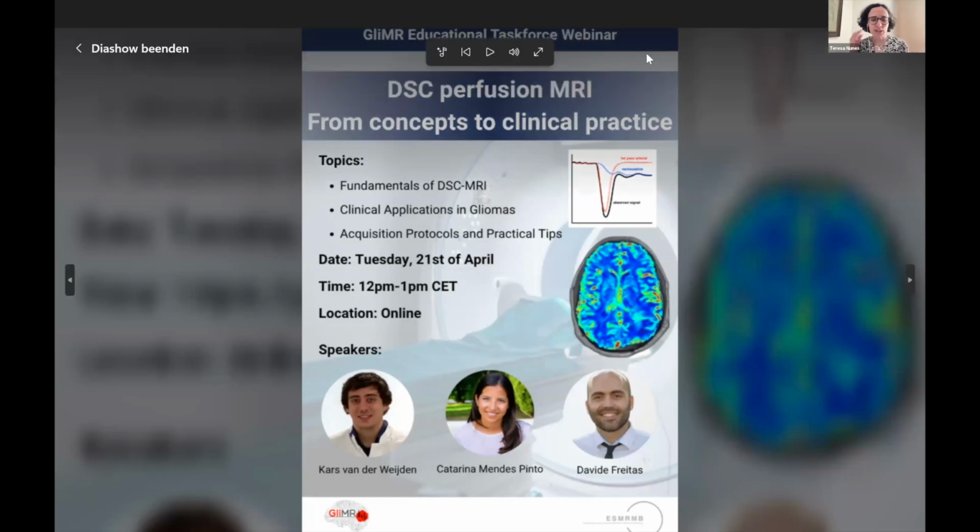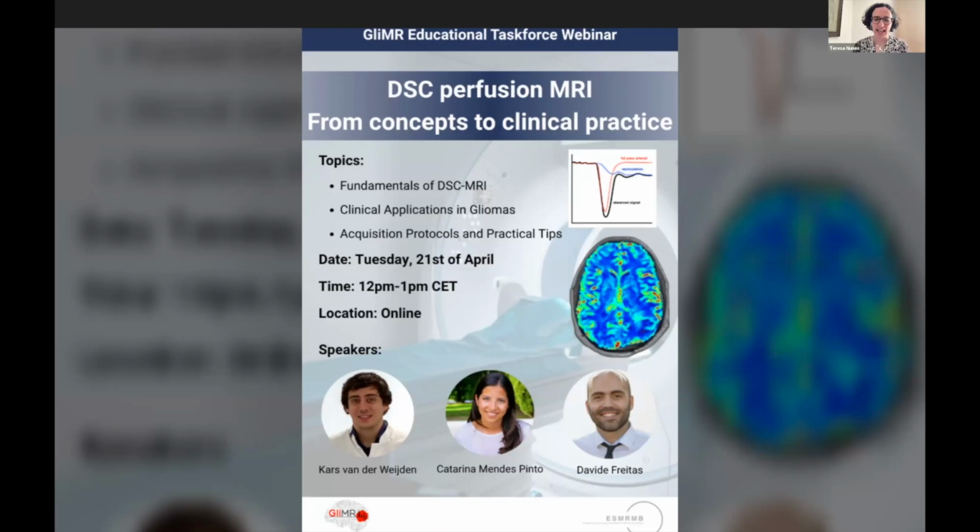Our program will begin with a concise overview of the fundamentals of DSC, followed by clinical applications in gliomas, and we will conclude with acquisition protocols and practical insights from the radiographer's perspective. We will reserve some time for questions at the end, so please feel free to submit them in the chat throughout the session.